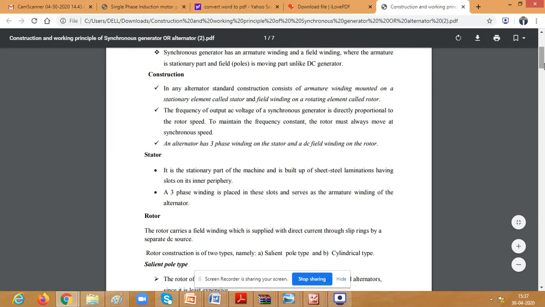If we take our armature at the rotor, then when the rotor rotates, we get the output from the generator of around 11 kV or 33 kV. If we take that particular high voltage at the rotor, we require a lot of insulation, and there are also very large heat losses.